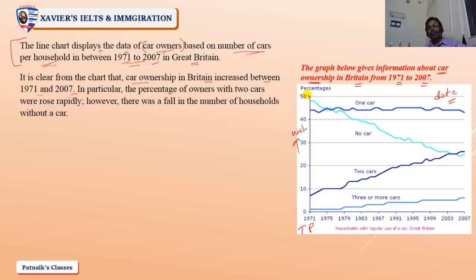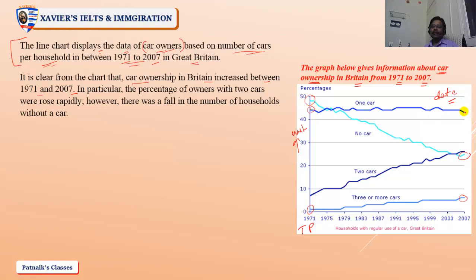Earlier there were around 50% without cars, but at the end of 2007 there are only 25% without cars. Similarly, in the case of ownership with 3 or more cars, the starting point is maybe 1 or 2%, but at the end it is showing more than 5%, around 7 to 8%. For this one there is a slight drop.